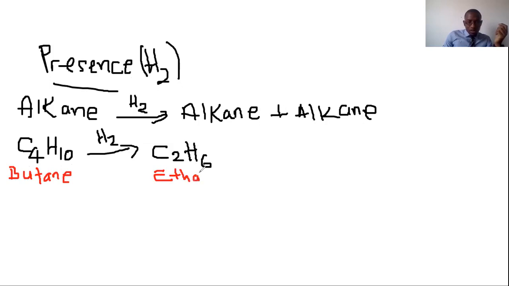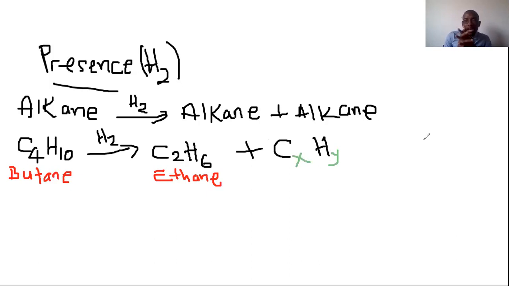So we are breaking down a large chain of butane. When we break it, we produce ethane plus, let's say, CxHy. Then our duty is to find out what CxHy is.